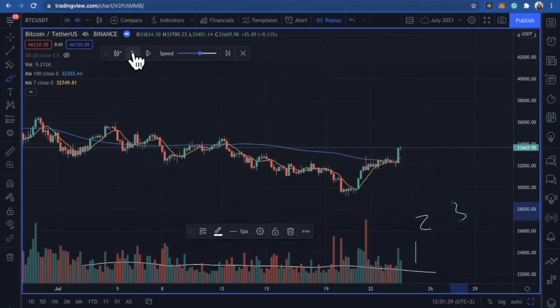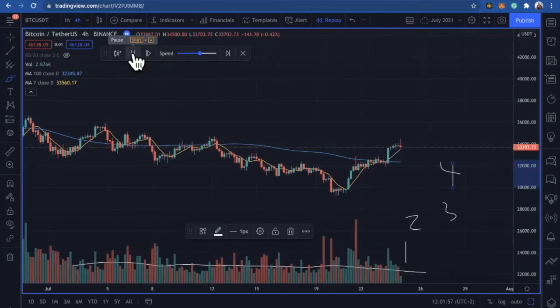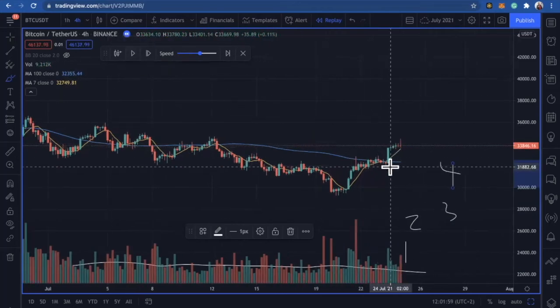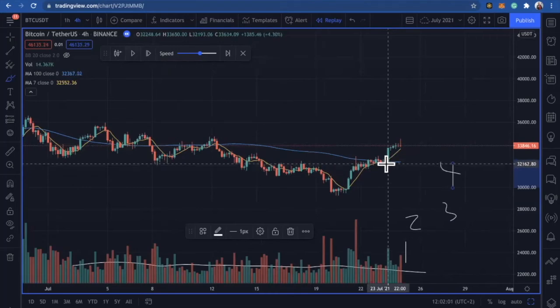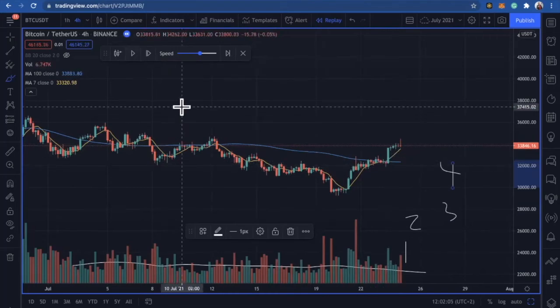So let's see how Bitcoin then played out. Let's say you bought now and you feel comfortable and you put your stop loss at -2. So that is, for instance, your fourth confirmation, which is the moving average. And your -2 would obviously be below your 100-day moving average, so it can actually act as a support.